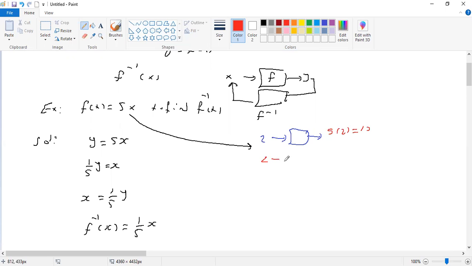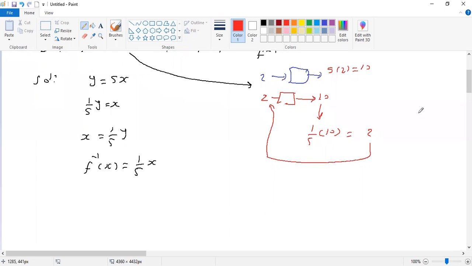So if the input is 2, the output is 10. Now, if I input 10 in the inverse, which is 1 over 5 x, the answer will be 2 again, the same 2. So this is the inverse.